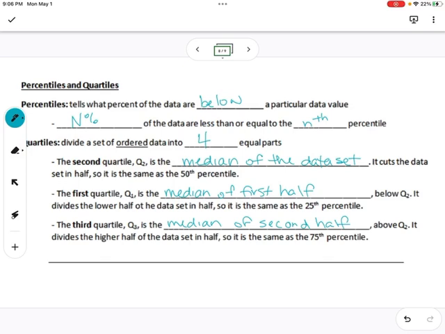So if we are dividing this, this here is our lowest value. And at the other end, we have our highest value. Okay. Now, when we cut this data in half, that halfway mark is our Q2, which is also our median.